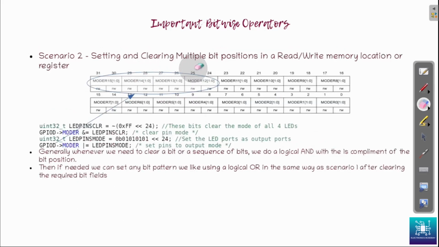Scenario 2 is setting and clearing multiple bit positions in a read-write memory location in the register. So now what we are doing is setting and clearing multiple bit positions.